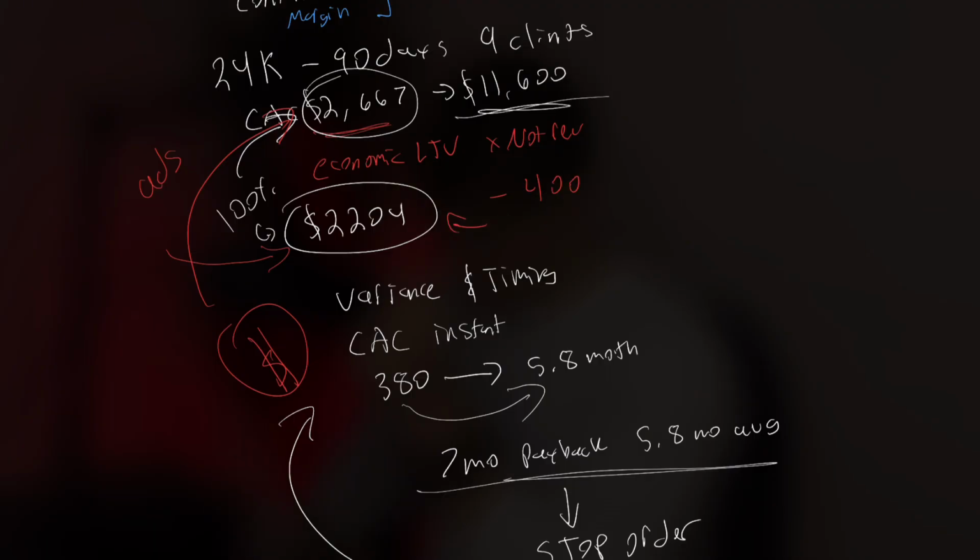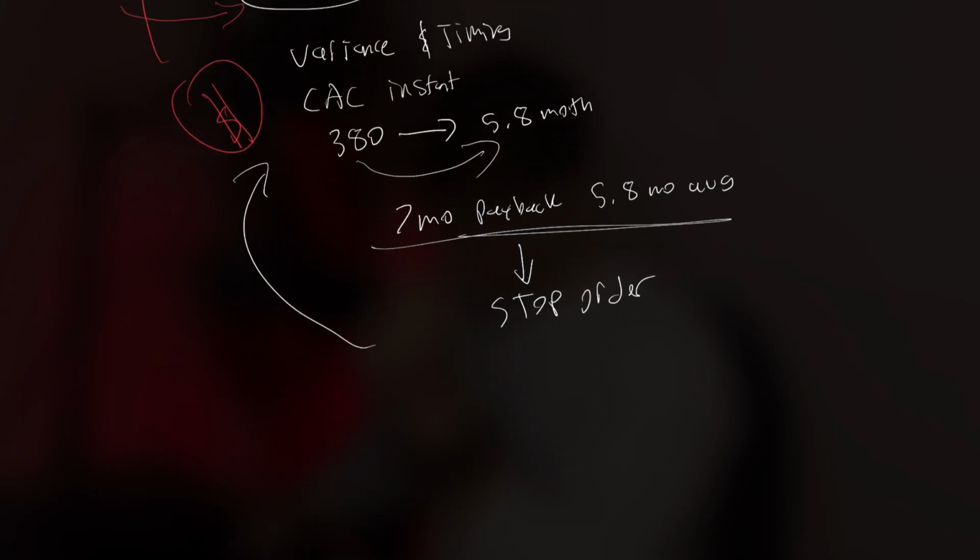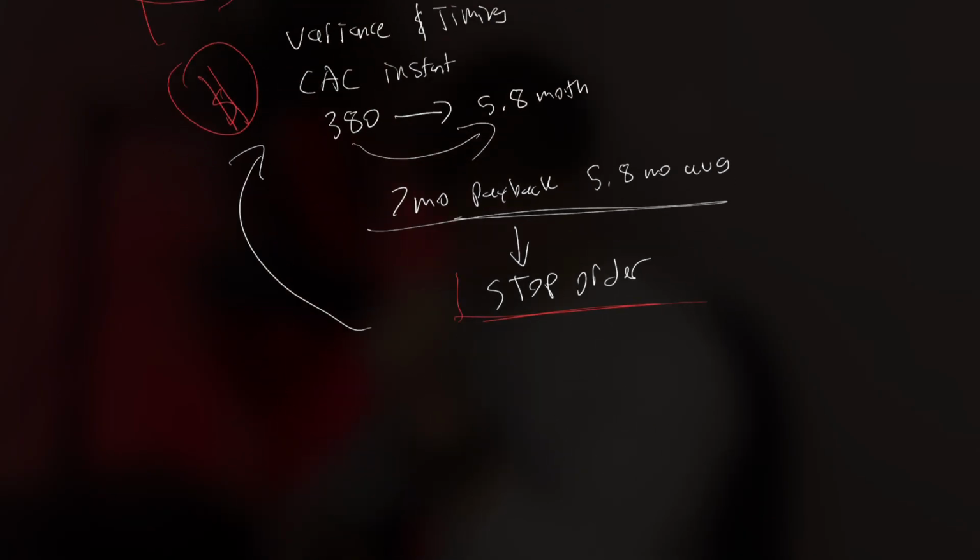And not even banking on whether they were going to collect the $380 consistently over that average lifetime. So we had to stop the system. Continuing acquisition under these conditions would have converted accounting profit into pure cash losses. So we paused all ads immediately because growth literally became the biggest risk to the business.